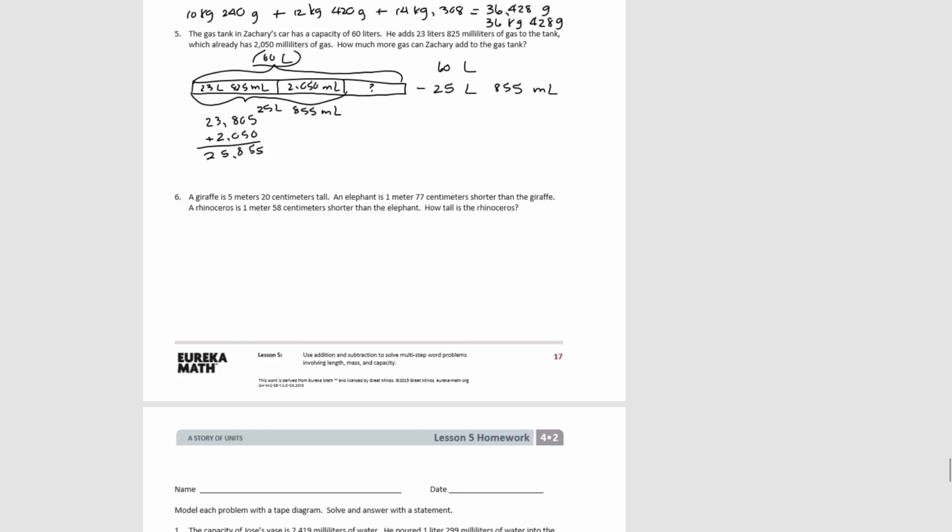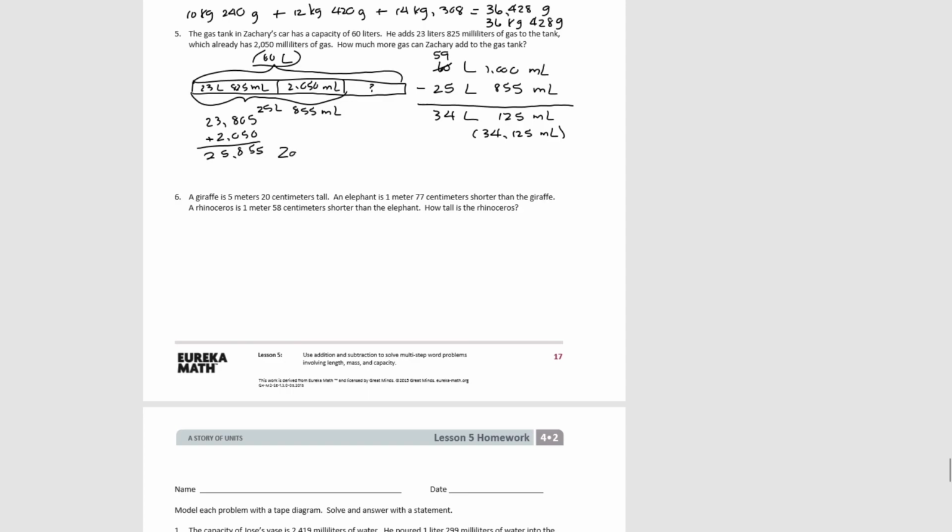So in order to do the subtraction, we need to take 1 liter and rewrite it as milliliters. And we do the subtraction, and we have 34 liters, 125 milliliters, which would also be 34,125 milliliters.